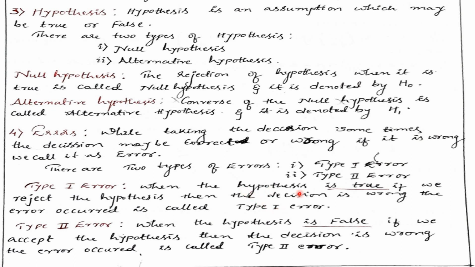The hypothesis should be true, and if we reject such a hypothesis, then the decision is wrong; the error occurred is called type 1 error. Type 2 error: when the hypothesis is false, if we accept the hypothesis, then the decision is wrong. The error occurred is called type 2 error.